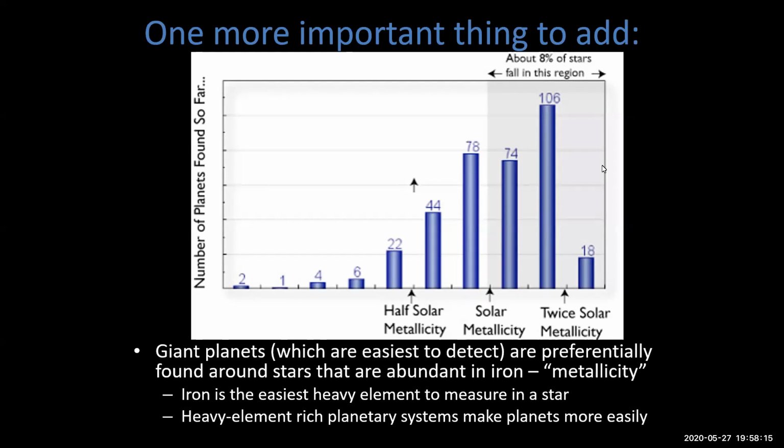So that goes together, and I think that would support that same idea for solar system formation, that the giant planets are more likely around those that have more metal.